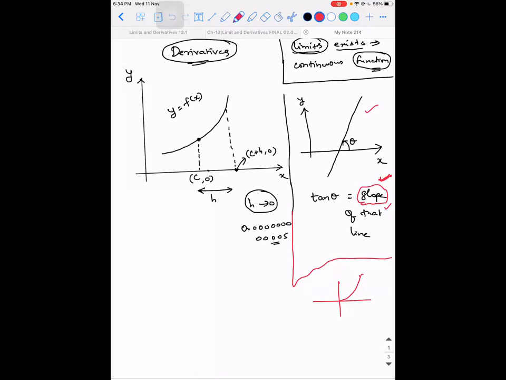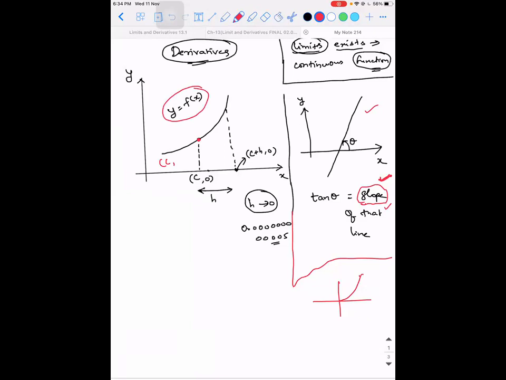What will be the coordinates of the point on the graph, the red dot? The x coordinate will be c. What will be the y coordinate? y is equal to f of x, guys.